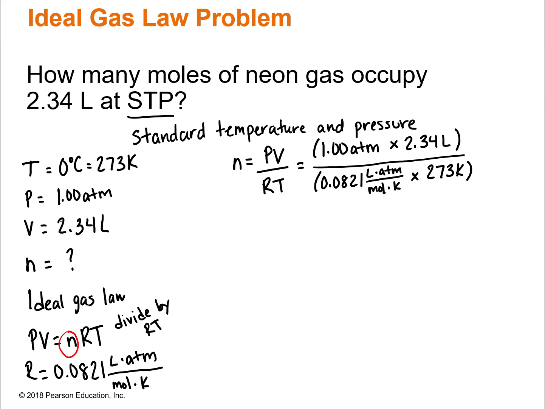So it will do 1 times 2.34 first, then it'll divide by whatever this product is, the 0.0821 times 273 Kelvin. So make sure to use parentheses. So you should get 0.104 moles of neon.